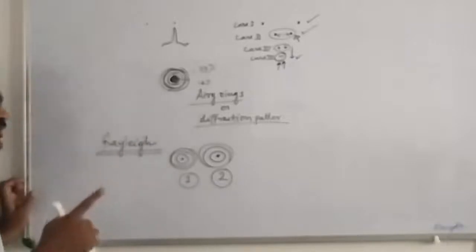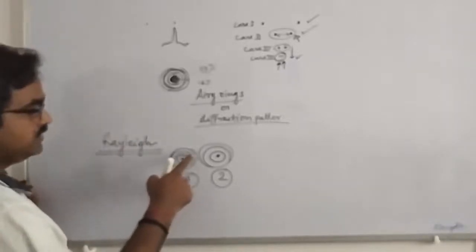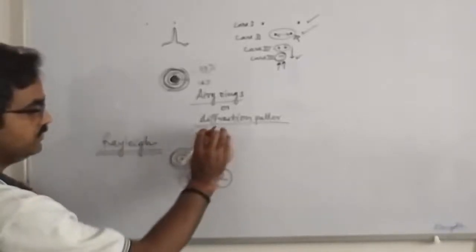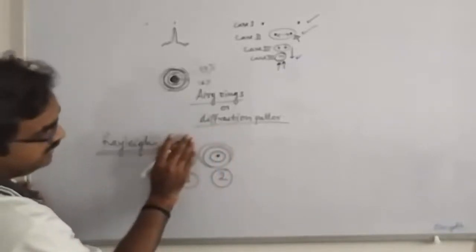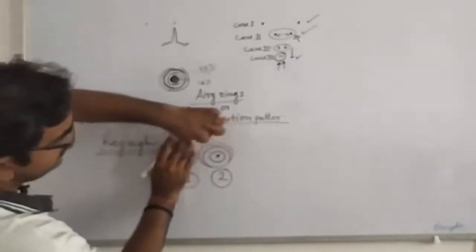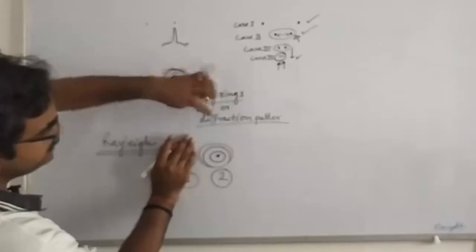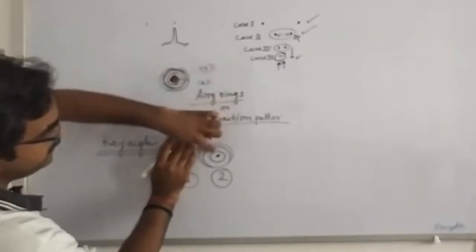I repeat, suppose this is one dot and around this there are several Airy rings, a diffraction pattern.